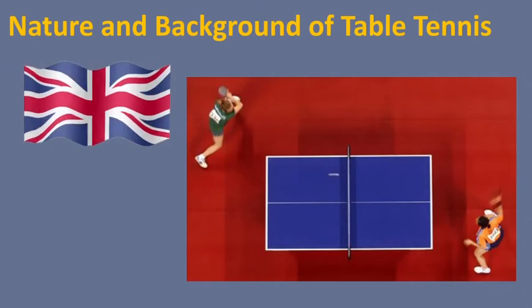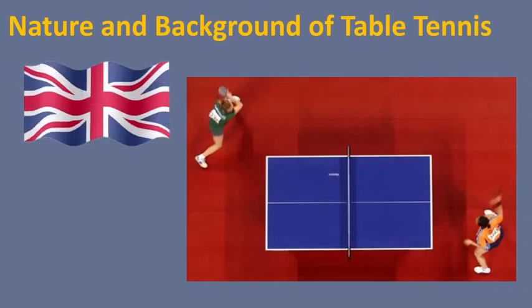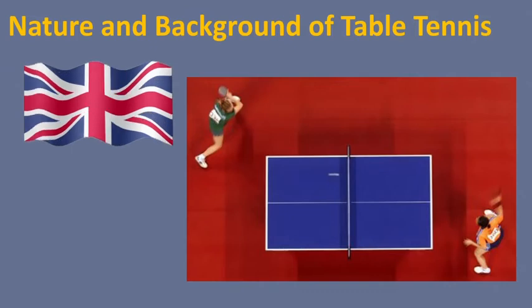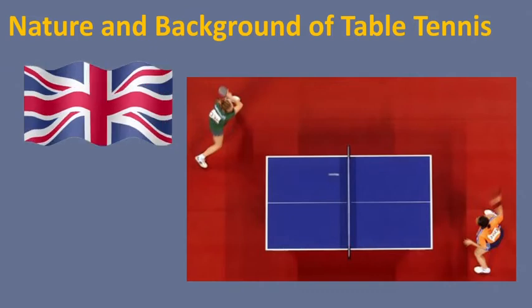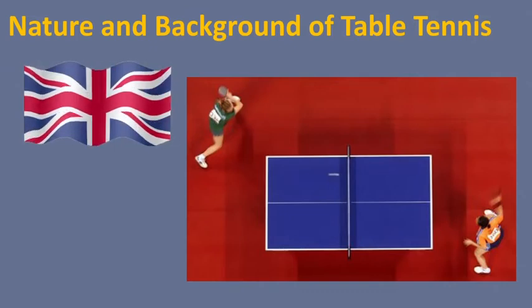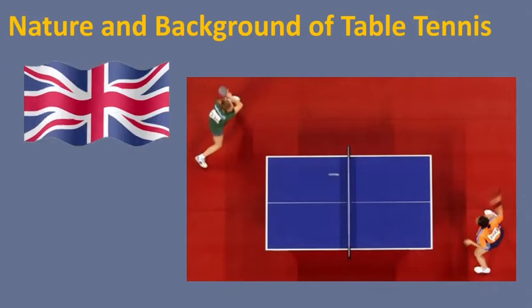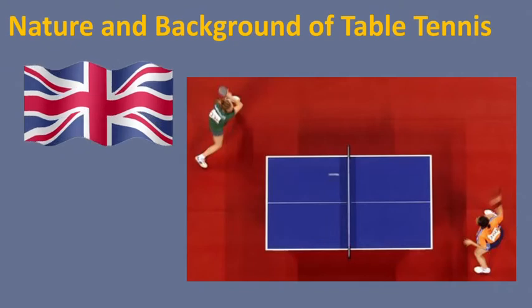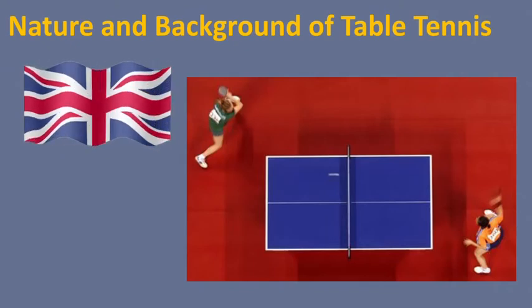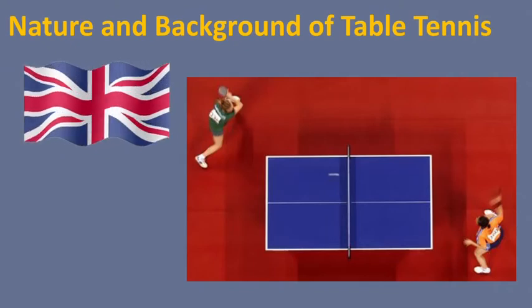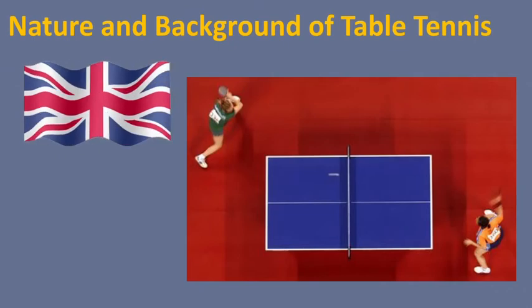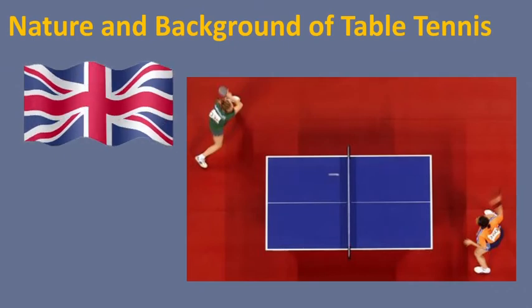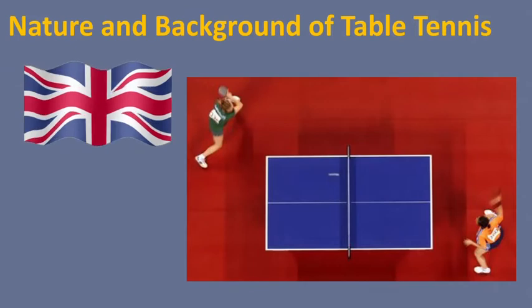Its former name is ping pong, and then it changed into table tennis, and it is played with the same game principles as those of lawn tennis. Again, in our previous discussion, lawn tennis was introduced first, and later on we have table tennis.